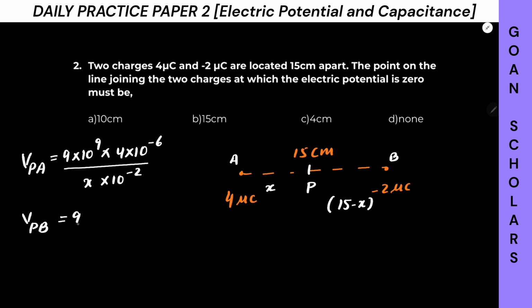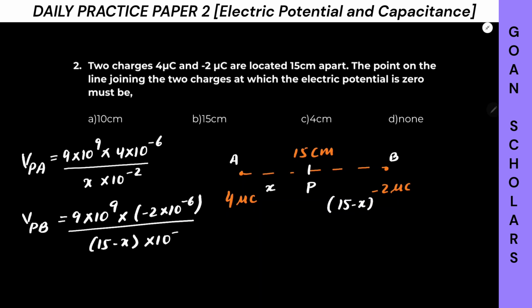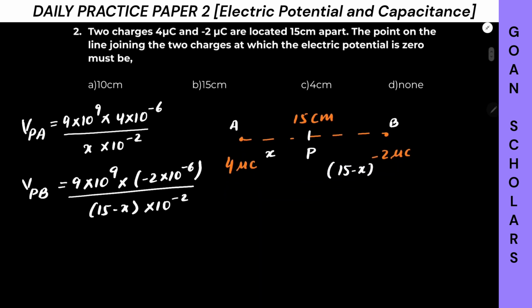VPB, potential at P due to B, will be 9 into 10 to the power 9. And what's the charge here? Minus 2. You have to take the sign because it's a scalar quantity, whole divided by separation, which is 15 minus x into 10 to the power minus 2. Now the net potential at point P will be equal to potential PA plus PB.